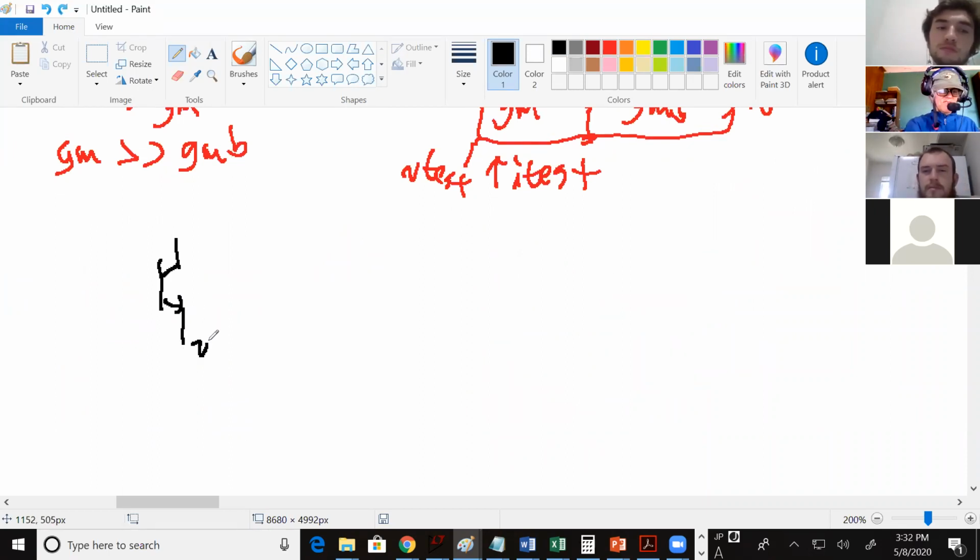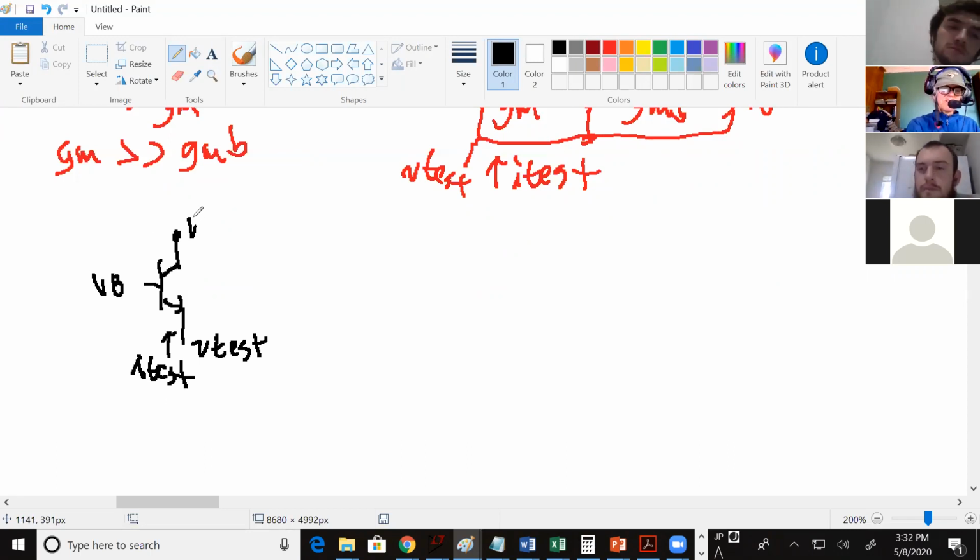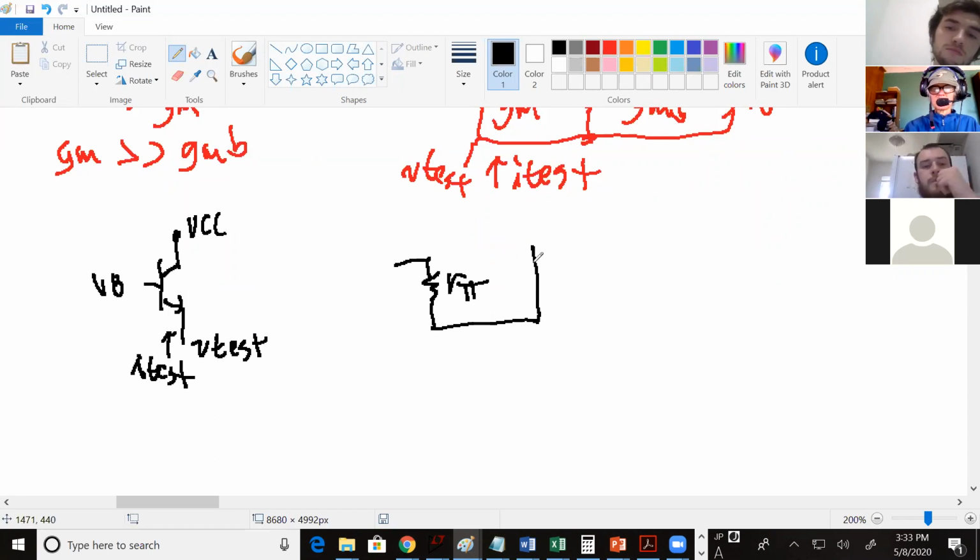So this is going to be my V test and my I test. And I just assume there's voltages on here that's going to put it in the right region of operation. Okay, and then just like with any small signal analysis, I see a transistor here, so I need to replace the transistor with a small signal model.